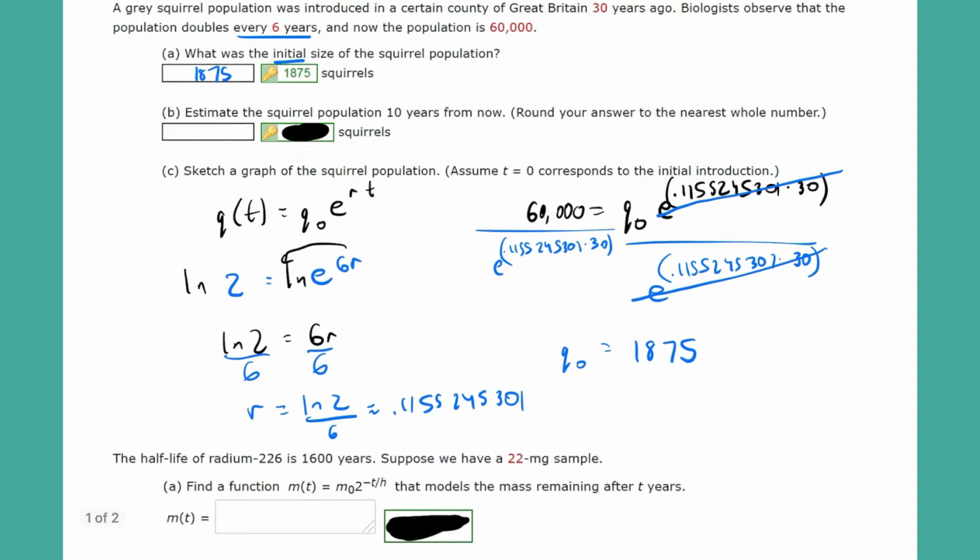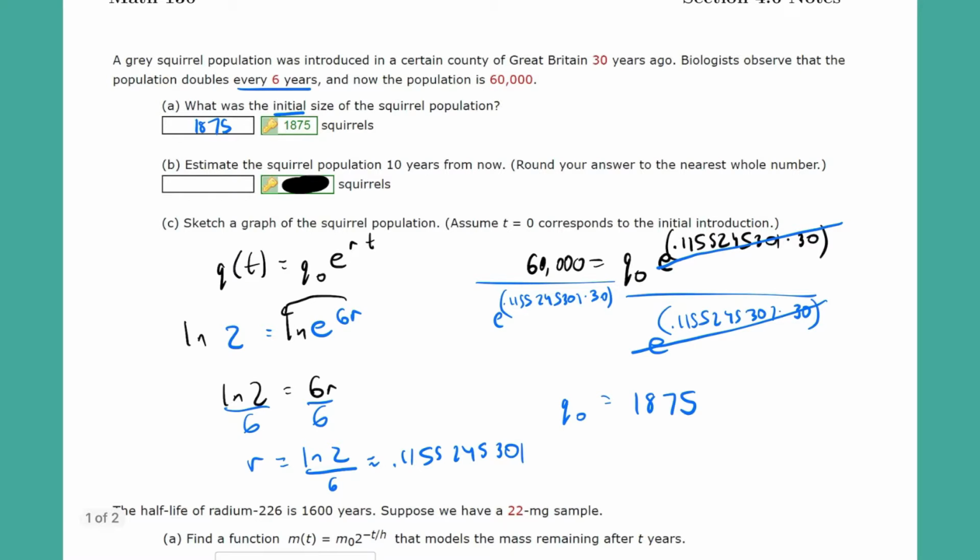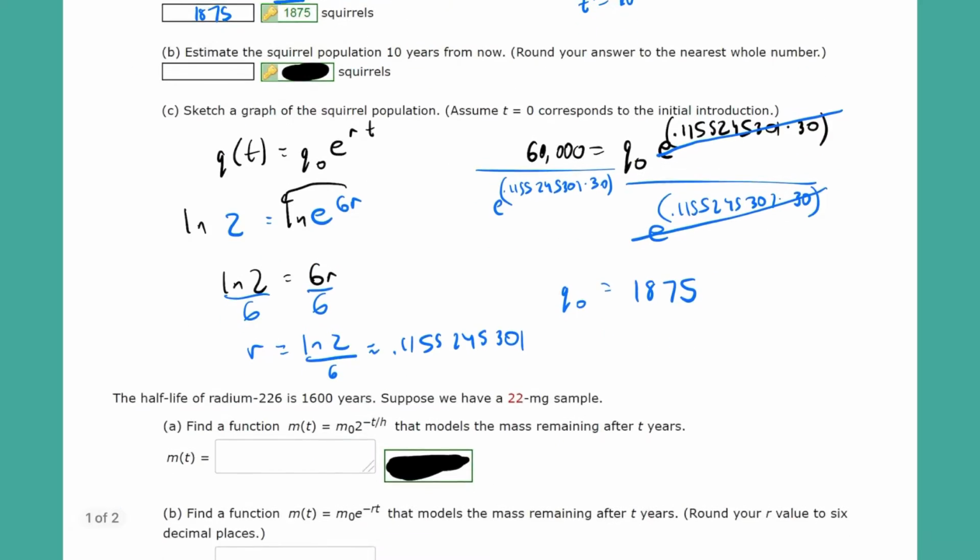All right, estimate the squirrel population 10 years from now. Well, 10 years from now, we have to add 30 plus 10 in order to get t equals 40, because that would be 10 years from now. So when t is 40, we want to know what the population is.